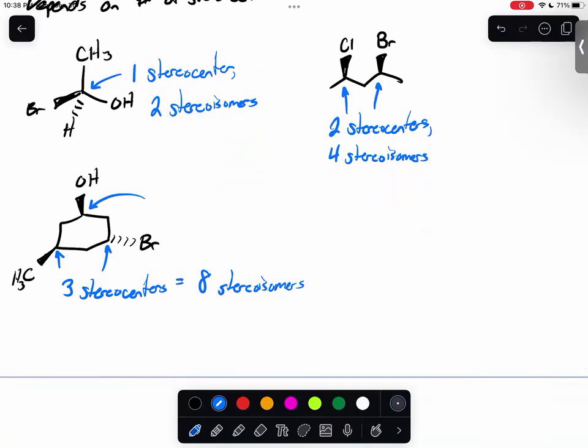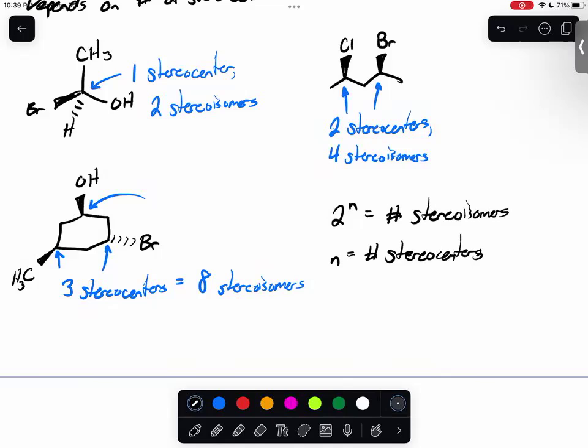So when we ask ourselves how many stereoisomers there are, there's actually a very easy answer that can be calculated, and that is 2 to the n equals our number of stereoisomers, where n is equal to the number of stereocenters. Okay?